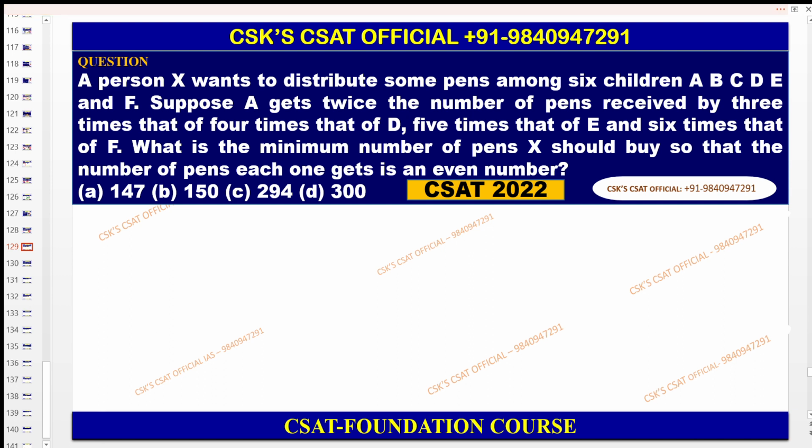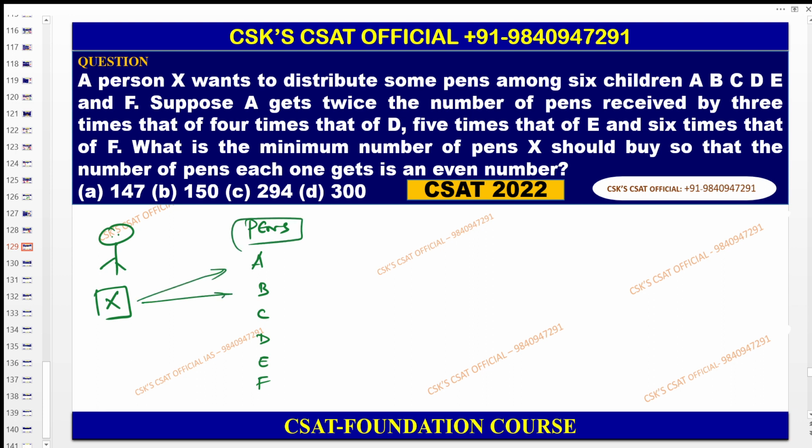It's a very simple question, but here also you need a lot of understanding to solve this question. A person, so this person is nothing but the X, wants to distribute some pens to their children A, B, C, D, E, F. So they are children.